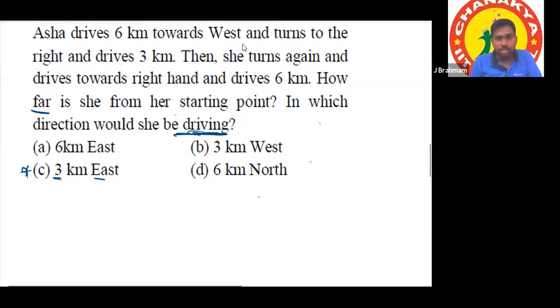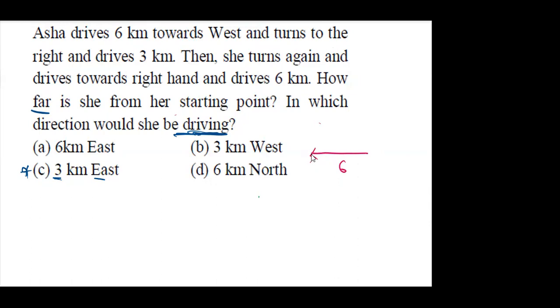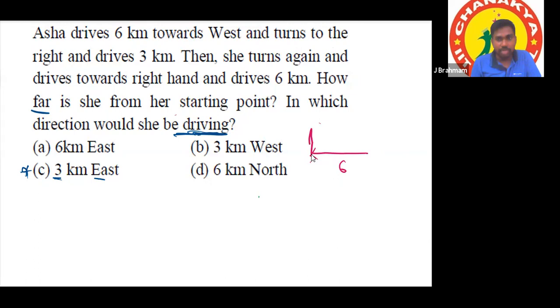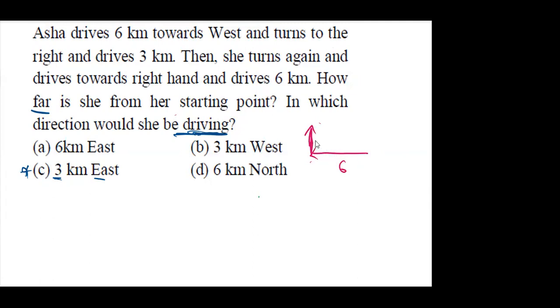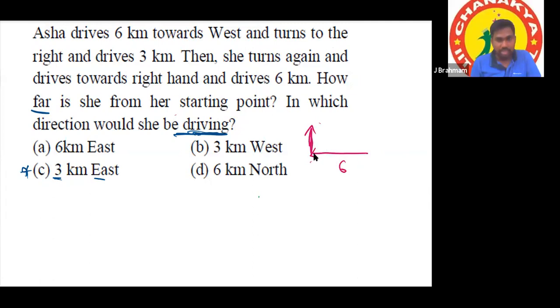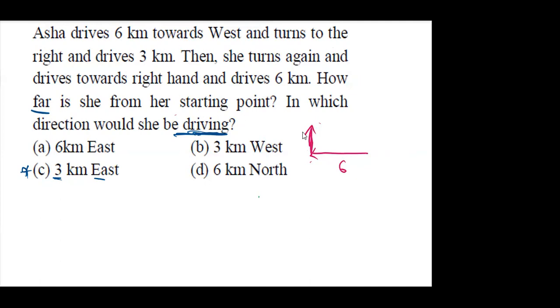Asha drives 6 kilometers towards west. Then she turns right. Right means upwards or downwards? Upwards, north. While drawing the diagram, be careful that distances should be proportionate. More length means a longer line; less length means a shorter line.